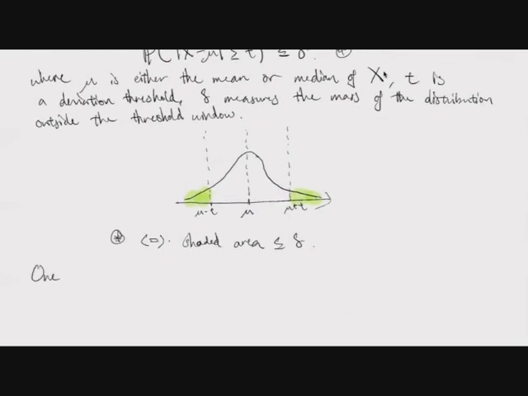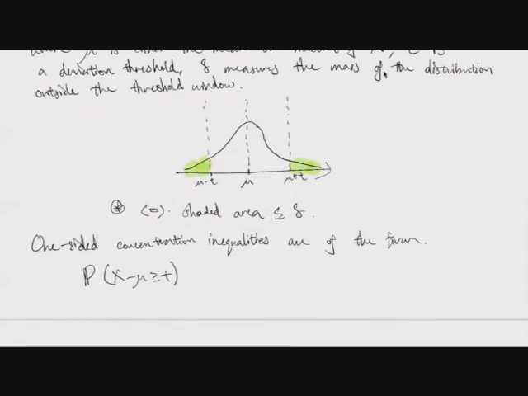One-sided inequalities are of the form: probability of X minus mu being bigger than t is less than delta. This would be a right-sided inequality. And then we can also have a left-sided inequality, which is that the probability of X minus mu being less than minus t is less than delta.